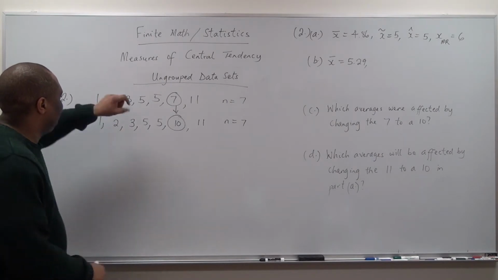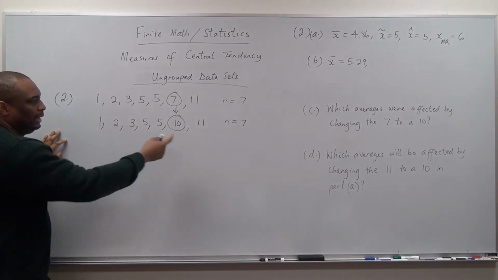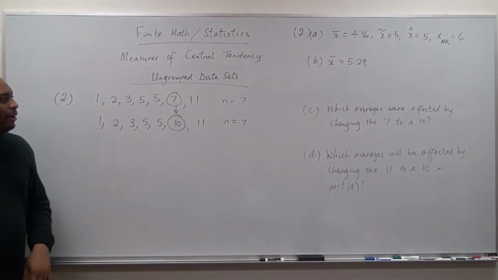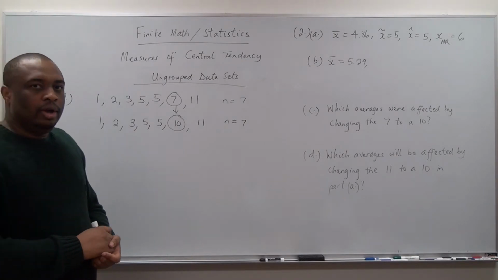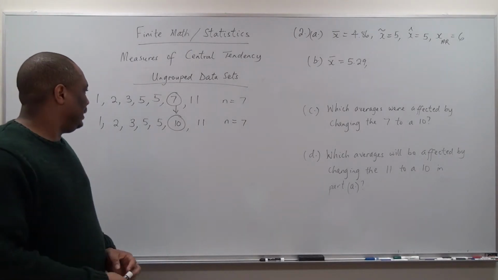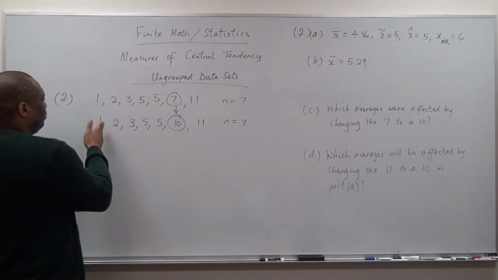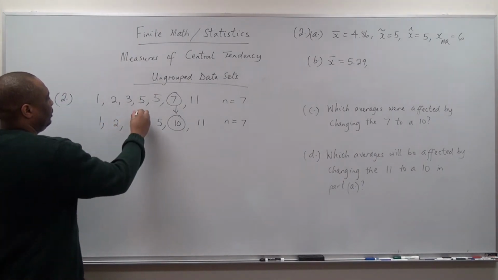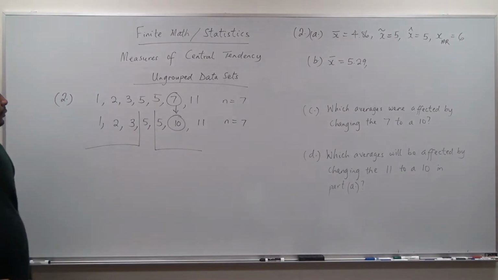So the median will be, if you look at this, the number of observations is odd, so we have one value in the middle, right? So we can count 1, 2, 3, and this is 1, 2, 3, right?